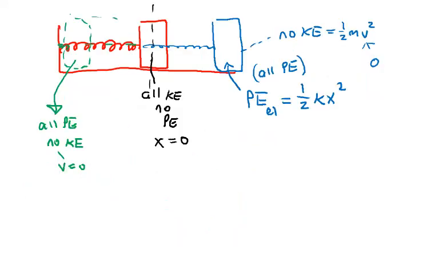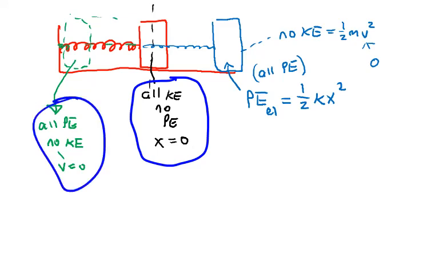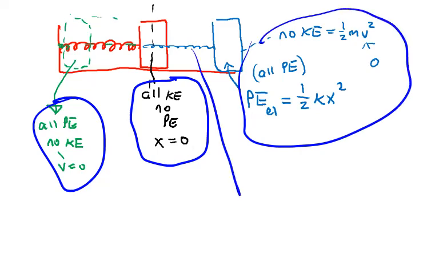So it's important to consider all of these parts. In the middle, again, all kinetic energy, no potential energy. At the compressed area here, all potential energy, no kinetic energy. And then at the end here, all potential energy, no kinetic energy. But in between, you have both. And we'll be looking at all sorts of different situations with that.